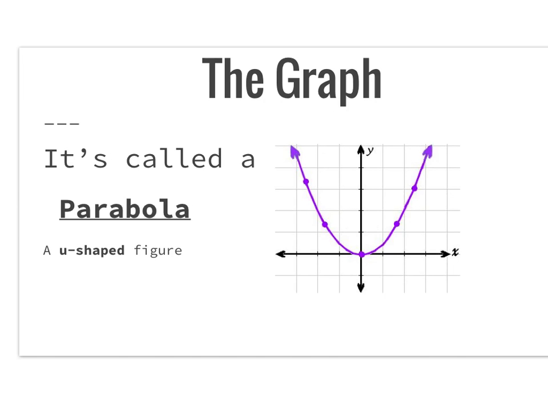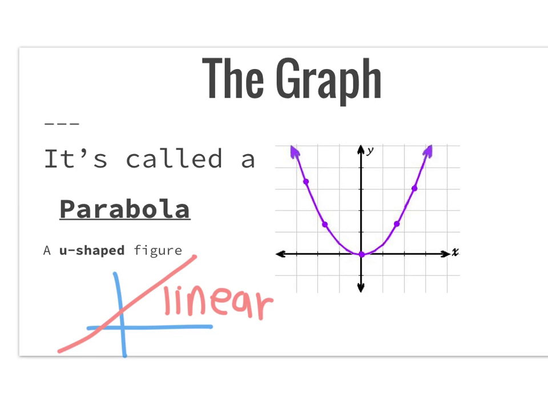So the graph. How does the graph of a quadratic function look? On the linear function, I'm sure you've all seen some kind of line like this. This is linear because it is a line. But our quadratic function, our graph will look like this. We have a special name for this U-shaped graph.